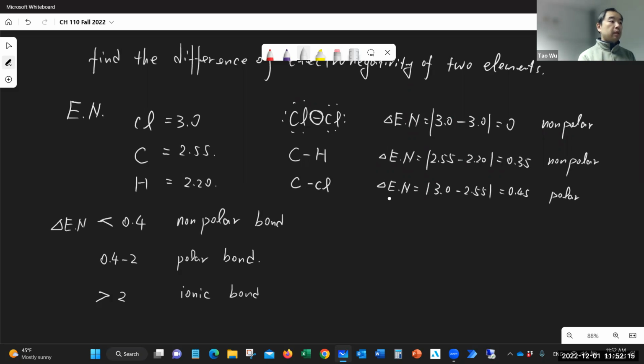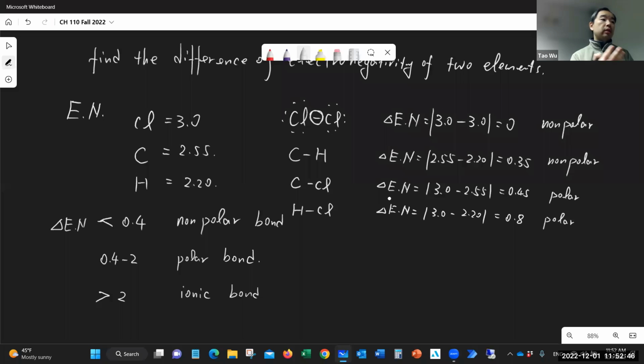And then how about the hydrogen and chlorine bond? The difference of the electronegativity is 3.0 subtract 2.20, which is 0.8. So for sure, this is a polar bond. That makes sense?